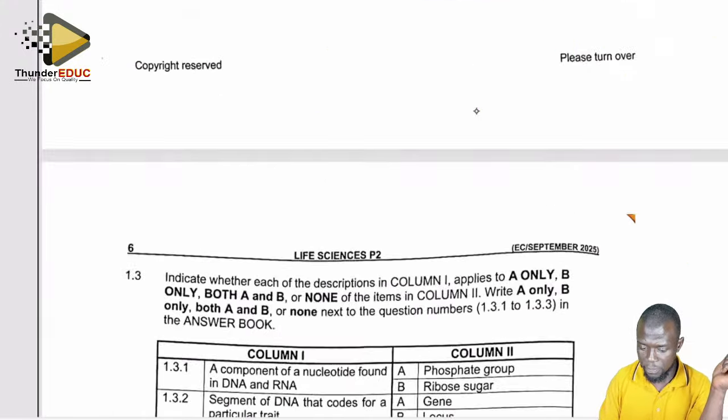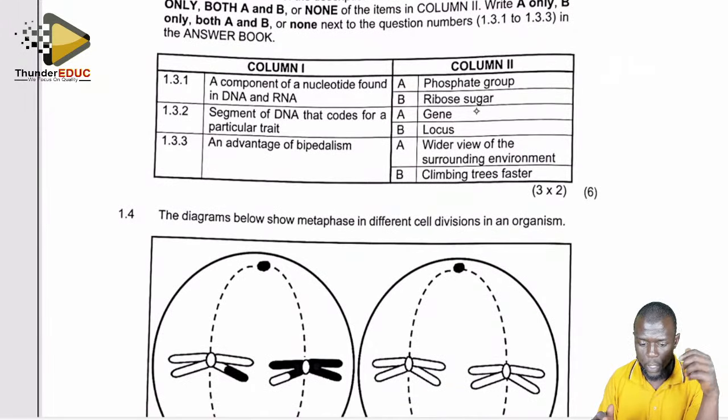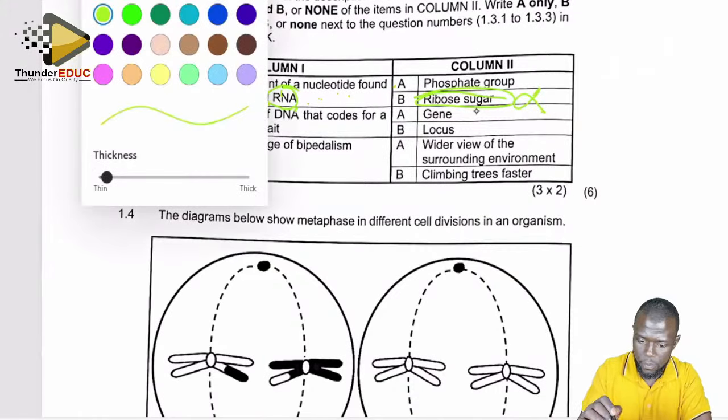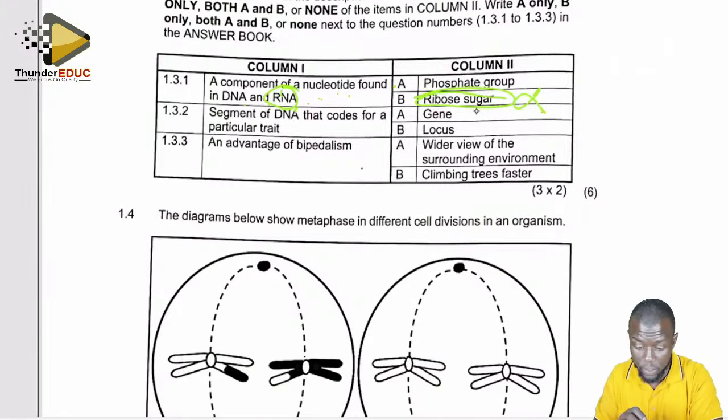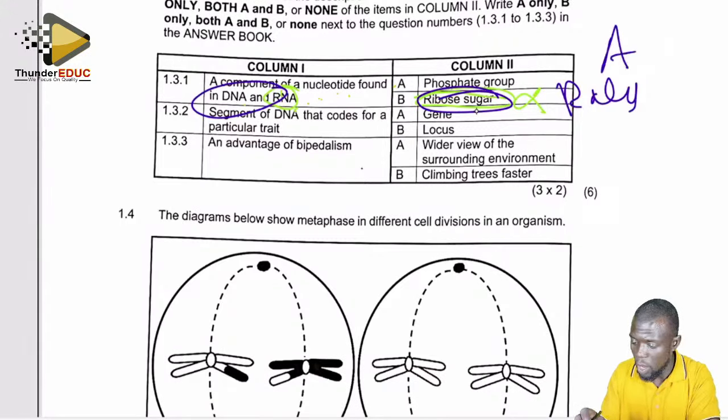So we got the next question, which is 1.1.3. They are saying a component of nucleotide found in DNA and RNA. They're saying DNA and ribose sugar. No, this one is found only in RNA, but they said DNA and RNA, so the answer becomes A only.